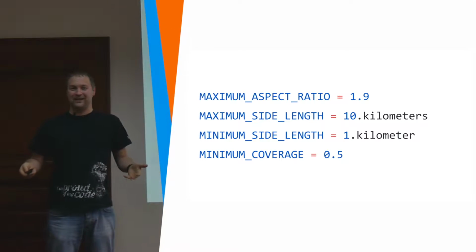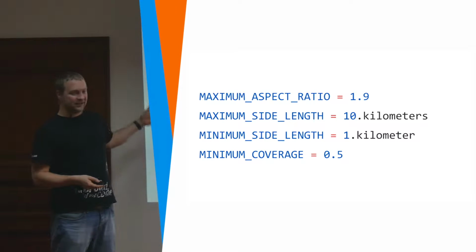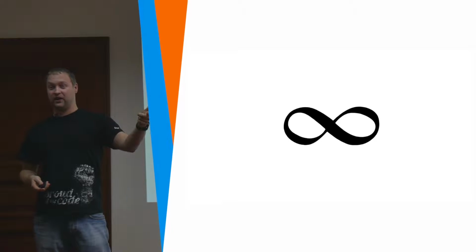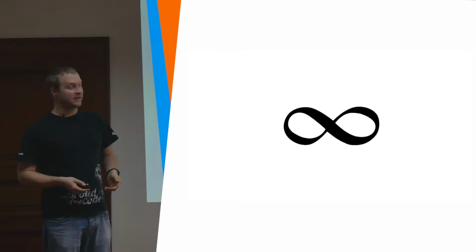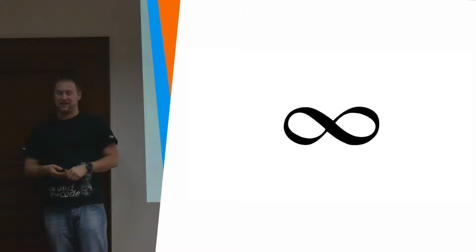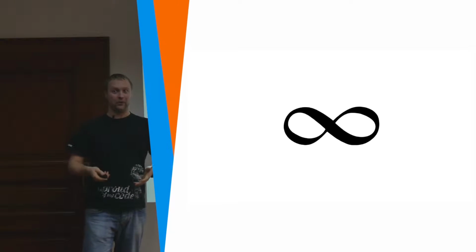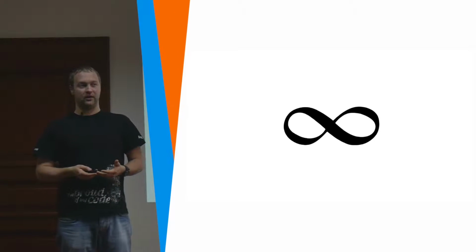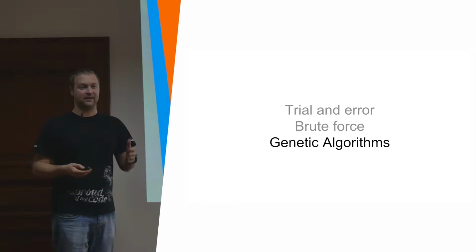Okay, so now we just need to know what set of settings is the best for our situation. And there is this number of possibilities, so there are quite many. And the API is slow and it counters scraping, so it doesn't make our life easy in finding out. So how can we find this perfect set?